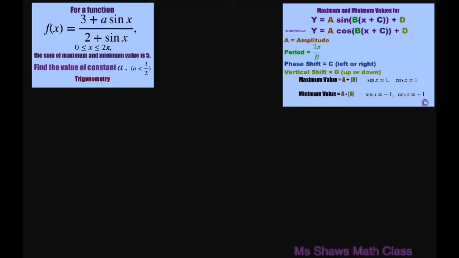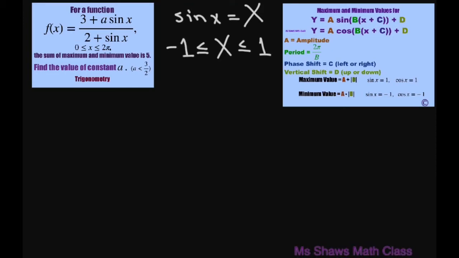All right, so a way to simplify this is to let sine of x equal this. Let's just let it equal big X. So that means my X is going to be for the range less than or equal to 1 but greater than or equal to negative 1.